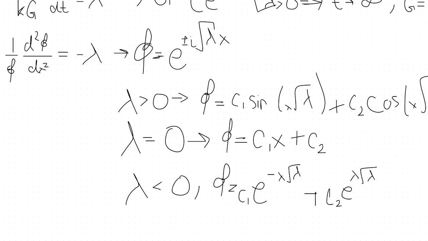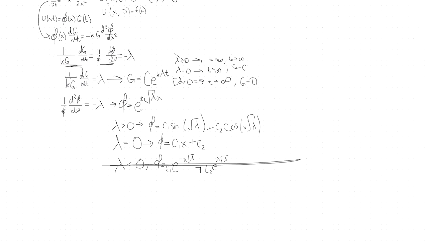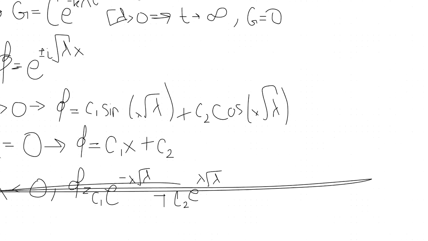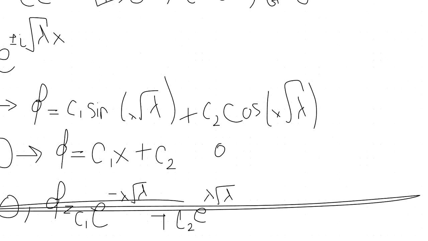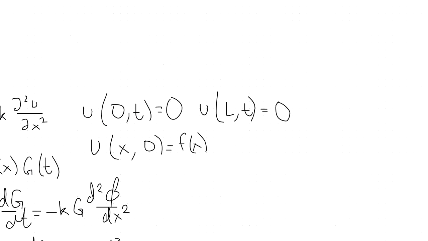Now, we already know from up here that lambda cannot be less than 0. And we also know from this, actually, that lambda cannot equal 0, because if it did, we can look at our initial value problem, boundary conditions. So if we remember here, u at 0, comma t equals 0, which in other words, phi at 0 has to equal 0. And u of L, comma t equals 0, which means that phi of L equals 0.